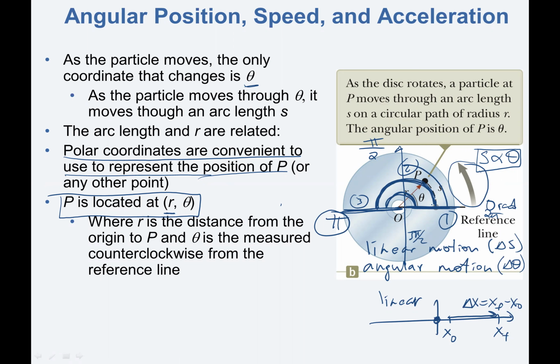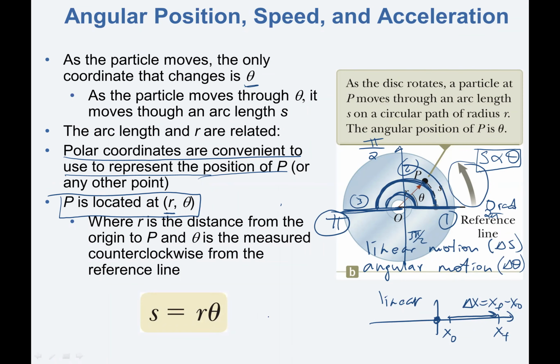Or one thing you're going to see is that instead of using degrees, we're going to start using radians: pi over 2 radians, pi over 3 radians, 2 pi radians, 10 pi radians, right? That still gives us the same displacement. And again, remember the arc length, which is the linear displacement of the particle, and the angular displacement theta are related using this arc length equation, okay?